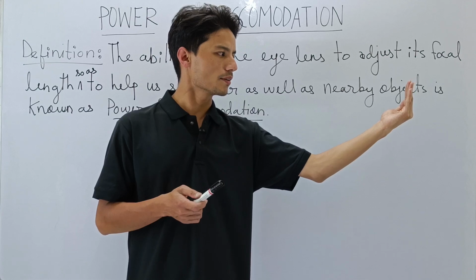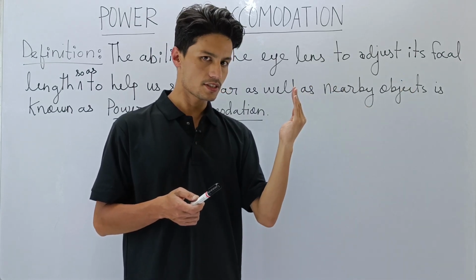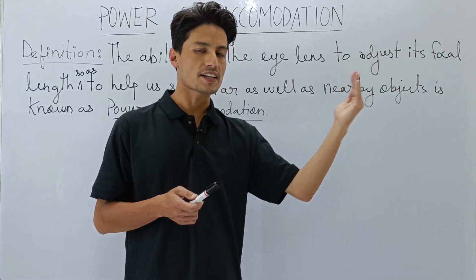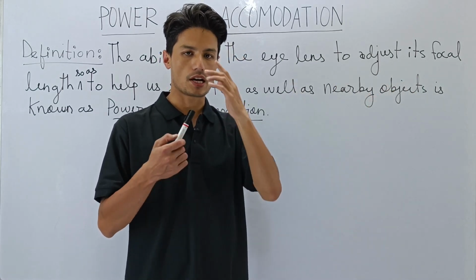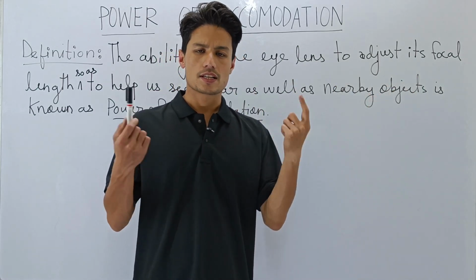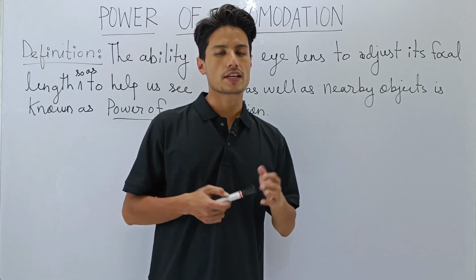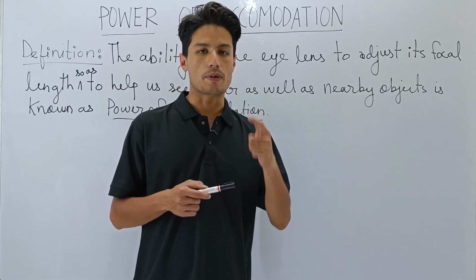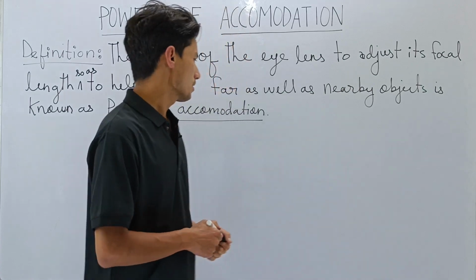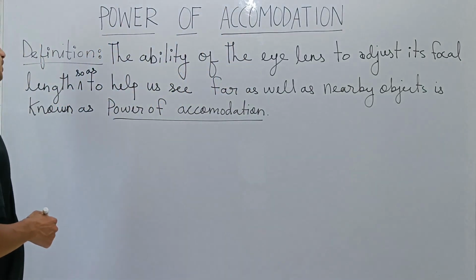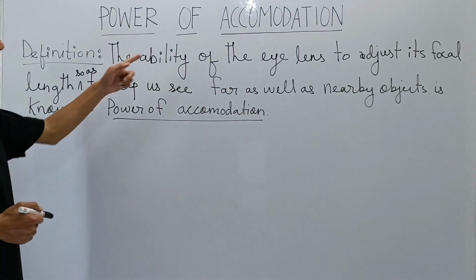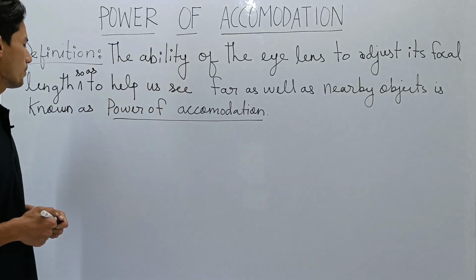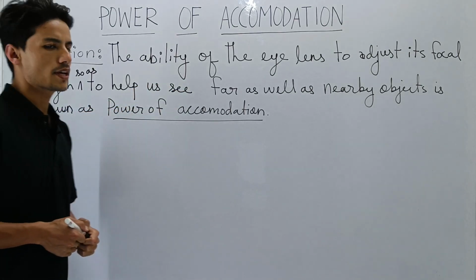So the focal length can decrease and the focal length can also increase. So this flexibility is what our eyes carry within all of us. This is a very unique ability which we have in our biological lens. So the ability of the eye lens to adjust its focal length so as to help us see far as well as nearby objects is known as power of accommodation.